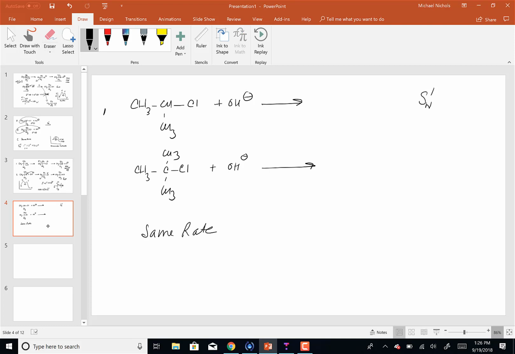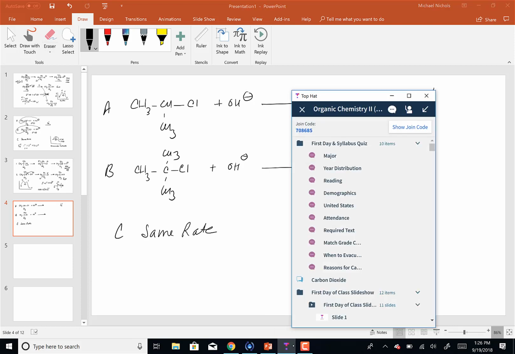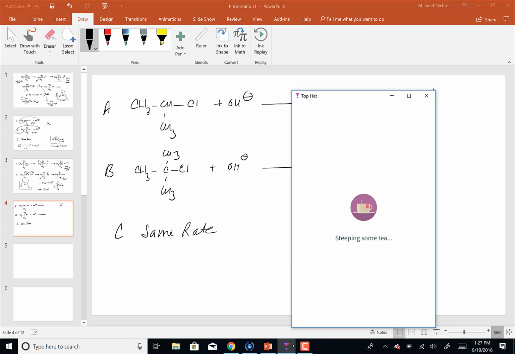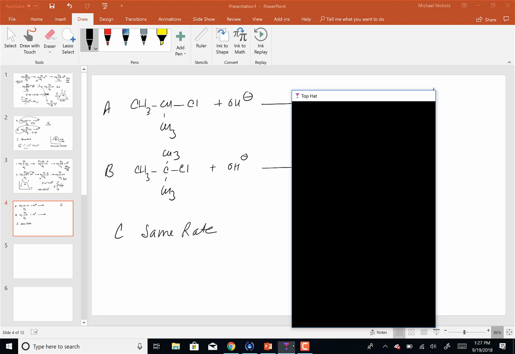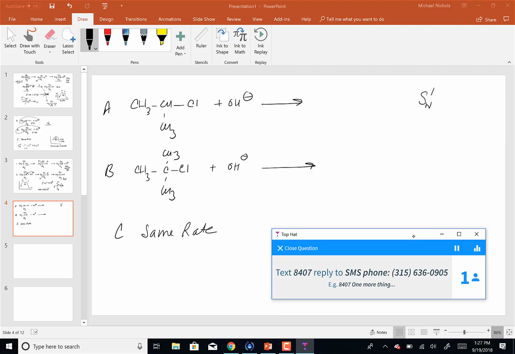I'm going to make this a multiple choice question. So my question to you is, which reaction occurs fastest? A, B, or C, they occur at the same rate.